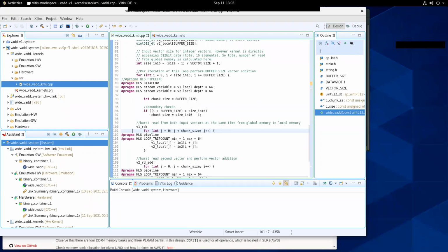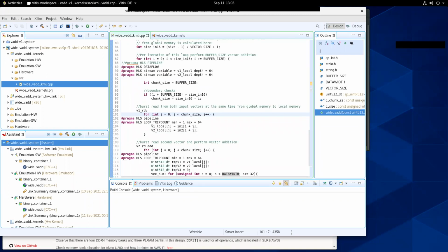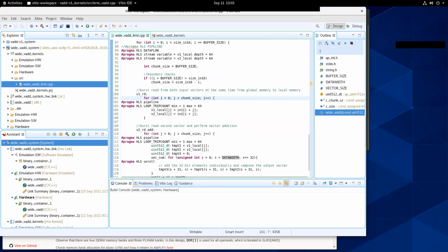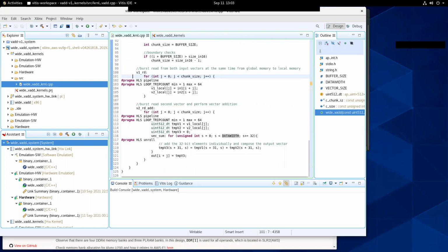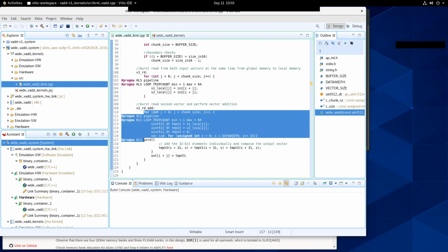Okay. So as against the previous example where only one vector is present in the VRAM, right now what we are doing is we are fetching both the vectors from the global memory and storing them in the local VRAM. And line number 110 is the loop where we are doing the actual computation.